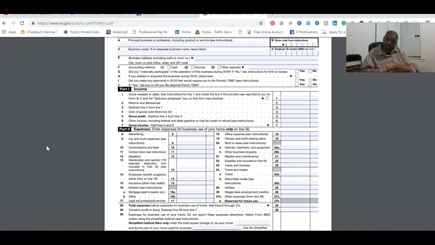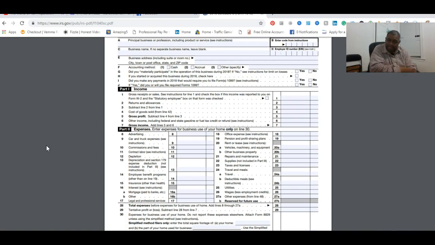The people who normally deal with that section fall into specific niches like barbers and nail techs and people of that nature who don't really have any expenses that would fall into the category.